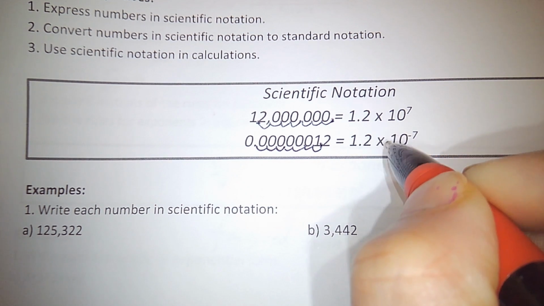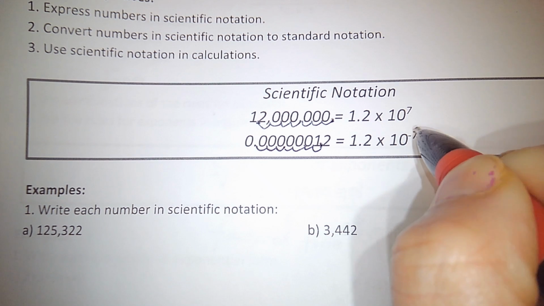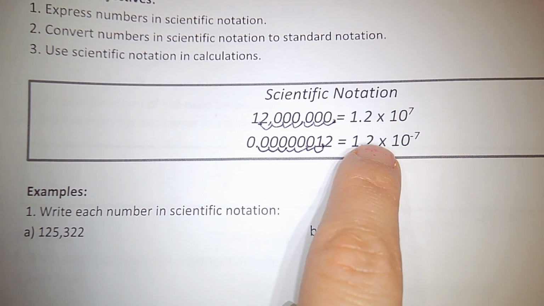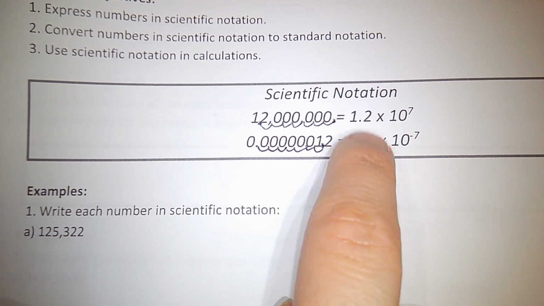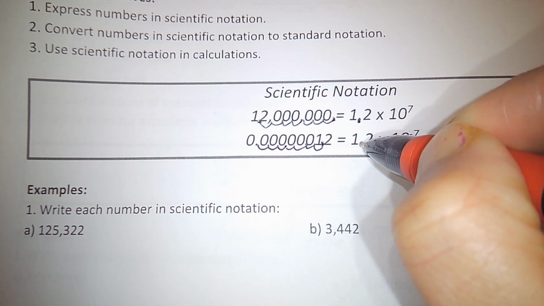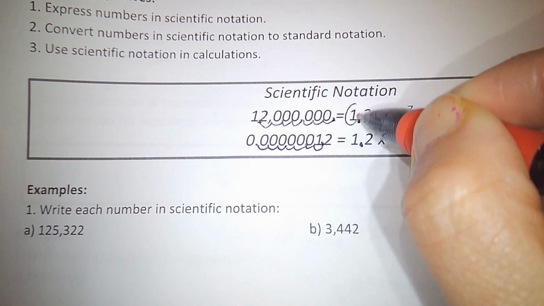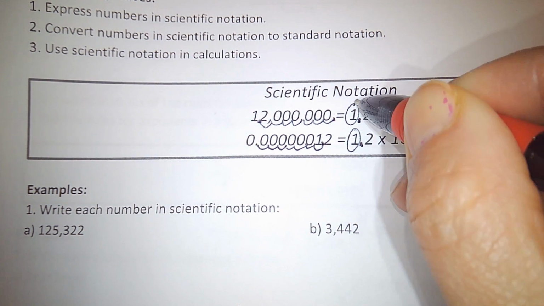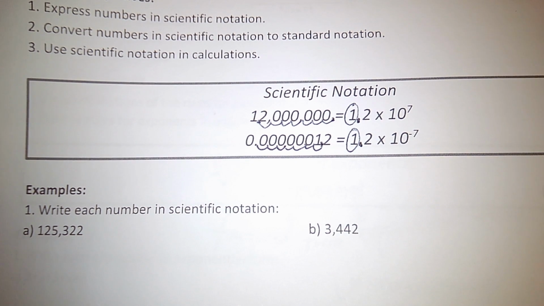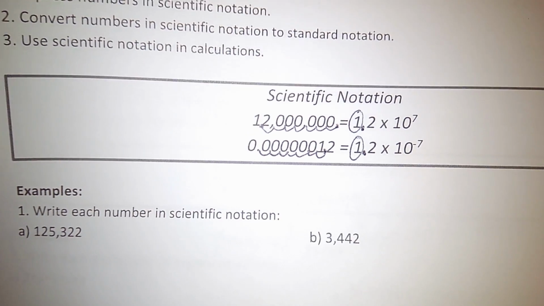And then we are going to multiply by what? 10 to the negative 7th power, because this is a very small number. Okay, so this decimal point has to be to the right of what? A non-zero digit. Just leave 1 digit to the left of the decimal point, and this digit must be non-zero.